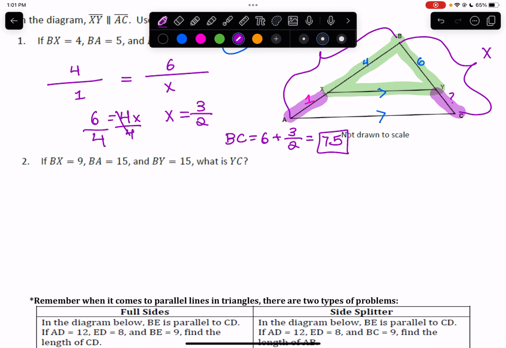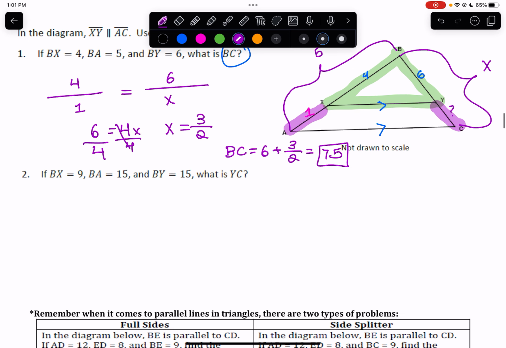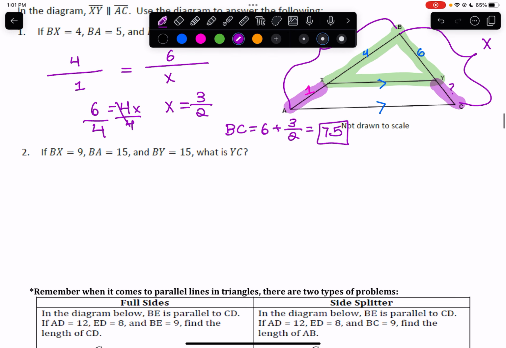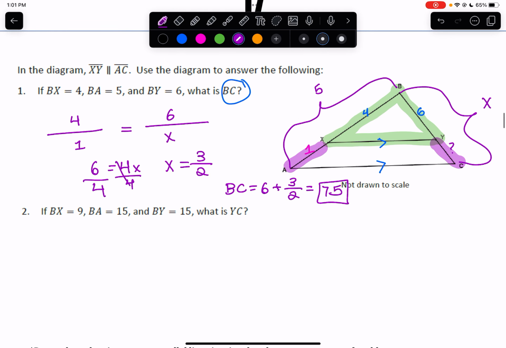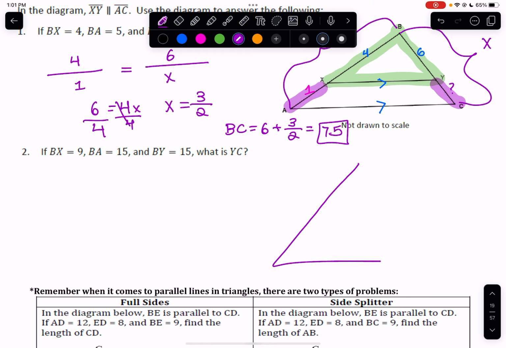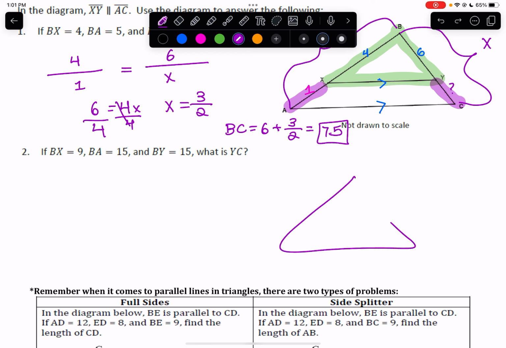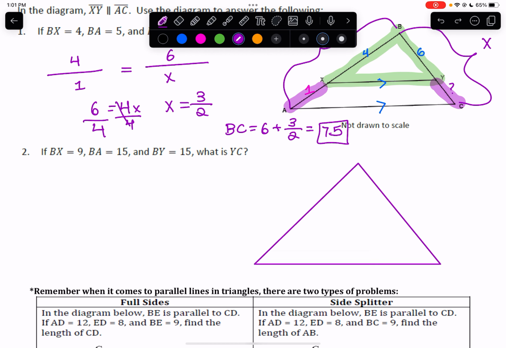Now, if BX is equal to 9, BA is equal to 15, and BY is equal to 15, what is YC? I am just going to redraw these triangles just because it's a little hard to redo it. So we have our triangle, our parallel line.